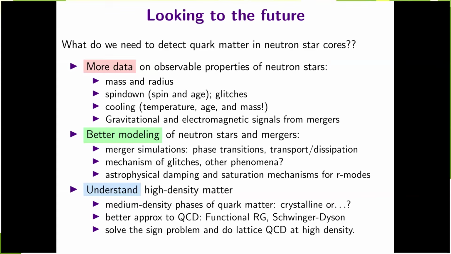Well, in the color flavor locked phase, the gluons become heavy, right? This is the standard story with spontaneous breaking of a gauge symmetry, just like the W and the Z become heavy and the photon stays light. Here, one gluon-photon combination is light and the other gluons become heavy. So they become an octet of vector mesons, basically.